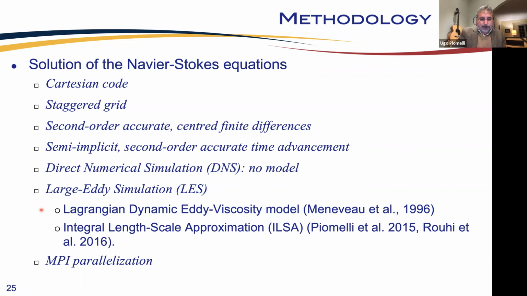In the large eddy simulation, we have been using either the Lagrangian dynamic eddy viscosity model or the integral length scale approximation, which is a model that we developed in the last few years. And the code is highly parallelized and has been validated for a very large number of cases. We've been using it for 15 years now.